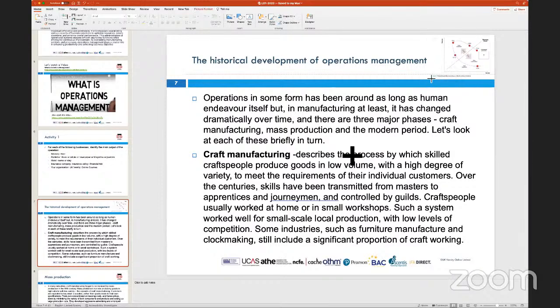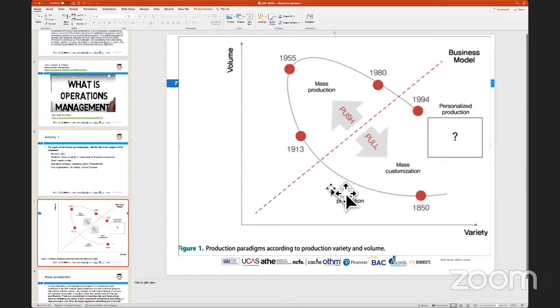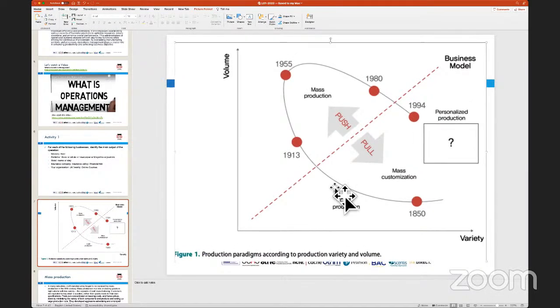One of the figures I put on the side helps us understand when operations management became an important area of discussion within the organization. If we look at the 18th century, we had what is called craft production.